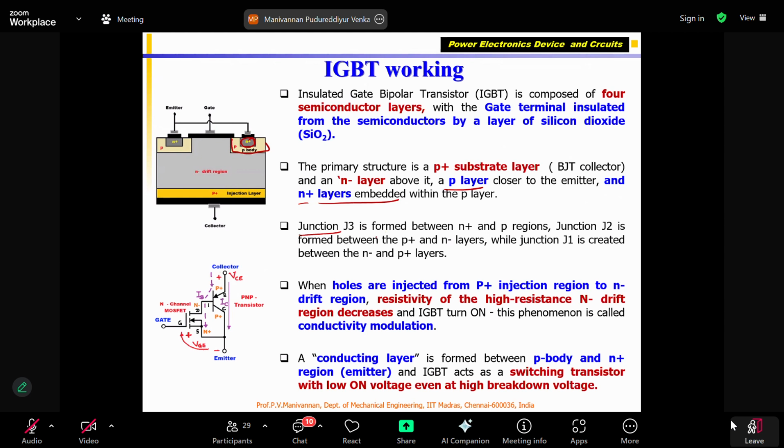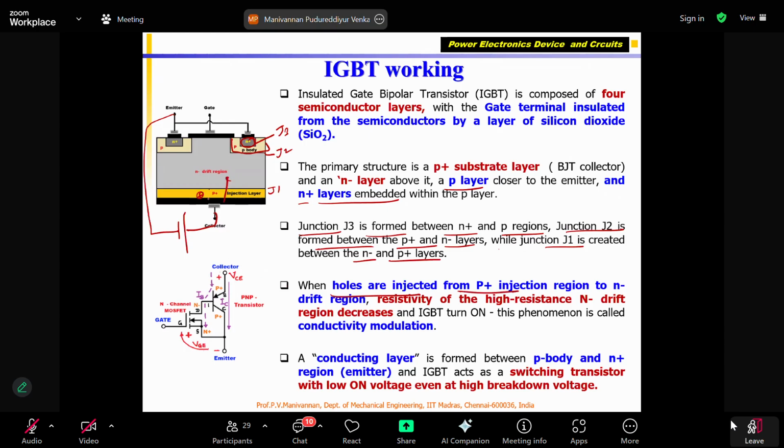Then junction 3 is formed between the N plus and P region. Junction 2 is formed between the P and N minus layer. This is J1, this is J2, this is J3. J1 is formed between the P layer, or injection layer, and the drift layer, as already shown here. If I connect external power like this, as I told you, the holes will be injected from here.